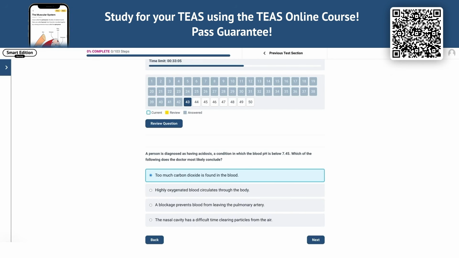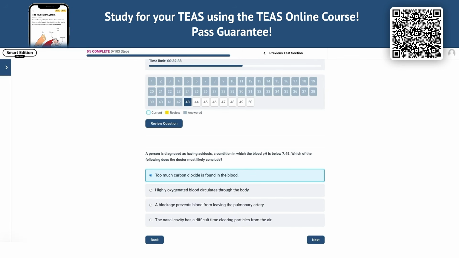So let's talk about why the other 3 answer choices are incorrect. So oxygenated blood. Again, oxygenated blood refers to blood that is rich in oxygen, and acidosis is related to an imbalance in CO2 levels, not oxygen levels. If the blood is highly oxygenated, it would not cause acidosis. A blockage prevents blood from leaving the pulmonary artery.